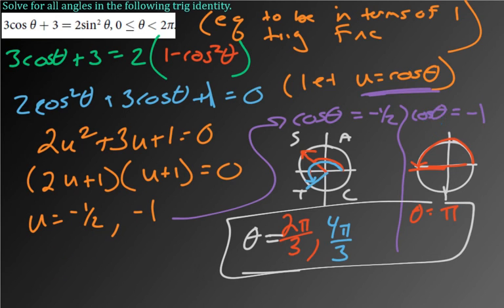Then you think back to what does u mean here? Well, u is cosine. Cosine theta is negative a half or negative 1. And then you're just doing like unit circle, kind of thinking backwards sort of stuff. And here, remember that you only are considering the first lap on the circle. So you don't want to go around and around and around and around.